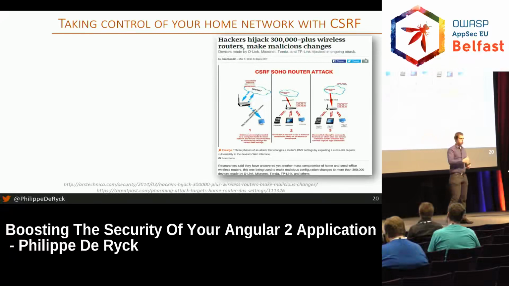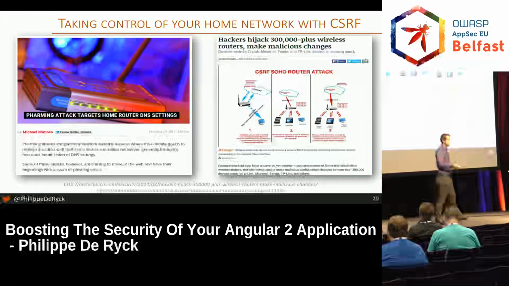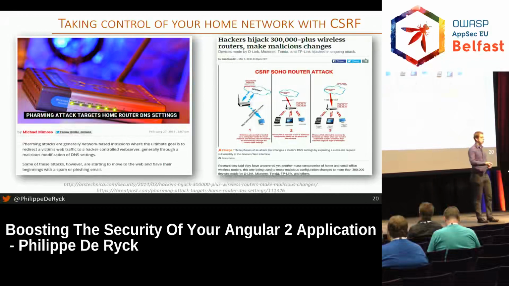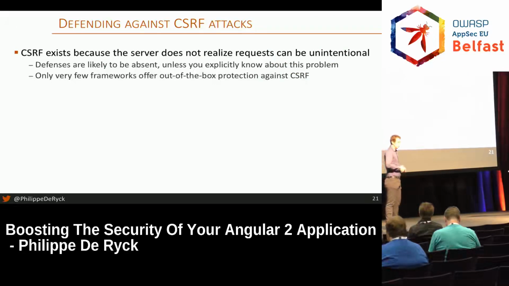So they can change DNS settings on your router from just within any context using CSRF. That's kind of dangerous, which they did in South America, by the way. They had a huge campaign where they changed more than 300,000 devices' settings so they could reroute DNS traffic and they could serve the users fake pages whenever they wanted to. So this is definitely a real threat that you need to take into account.